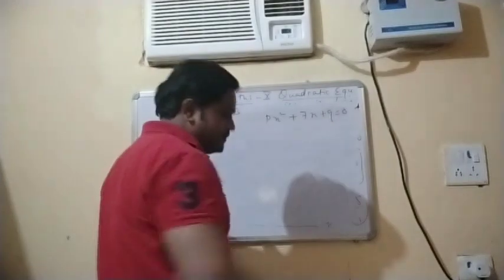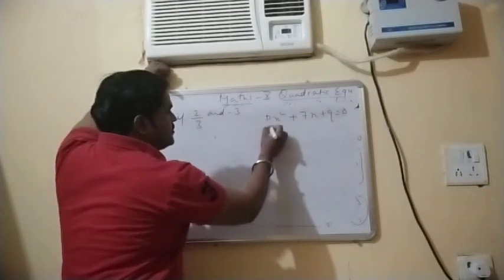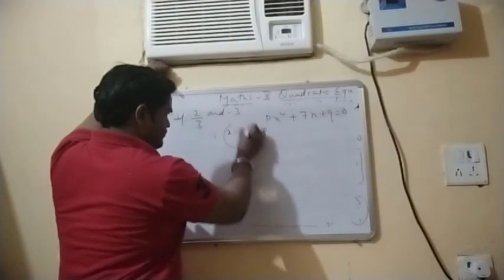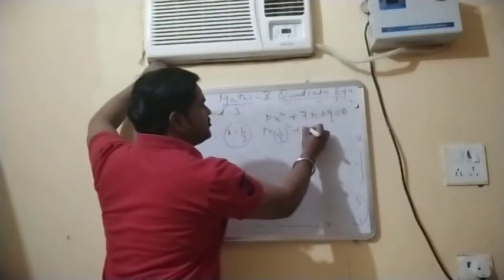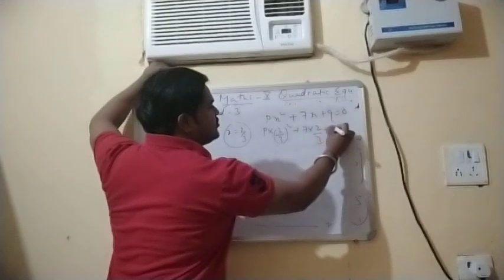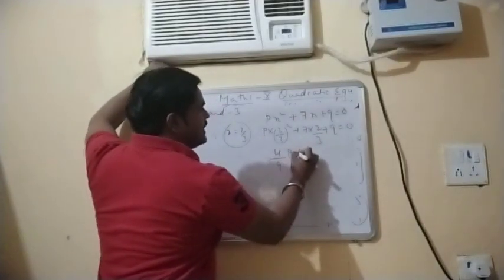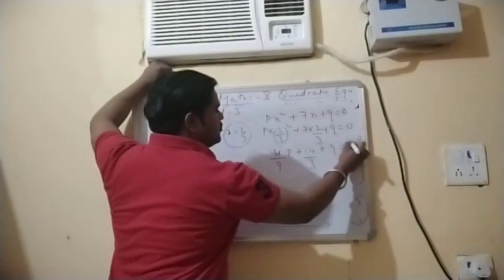This is the equation and the roots are given. You have to find the value of p and q. If 2 by 3 is the root of this equation, so in place of x we will put 2 by 3. This will be p into 2 by 3 square, then plus 7 into 2 by 3, then plus q equal to 0. So this will be 4 by 9 p, then 14 by 3 plus q equal to 0.